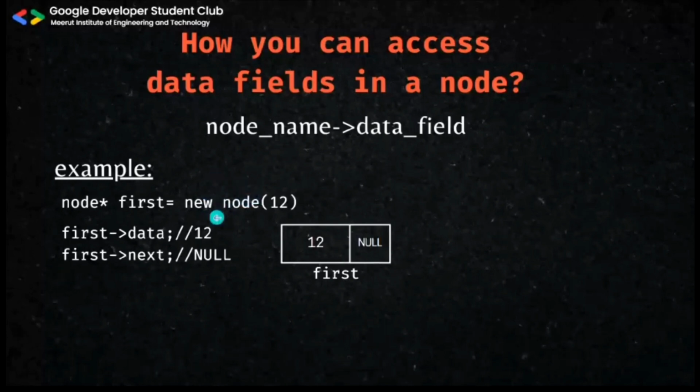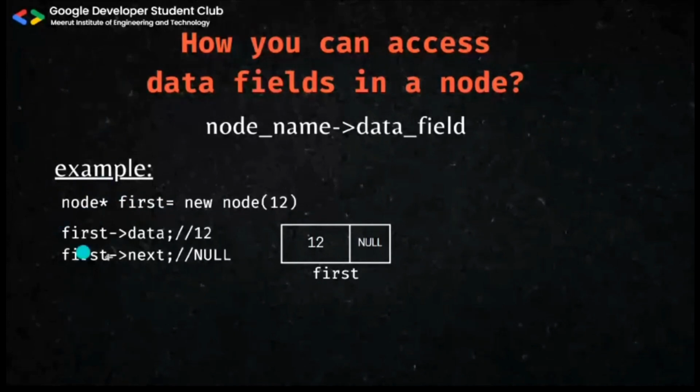It creates a new node, or whatever you have written after it. It can even create new integers, but in this case we are creating a node, and you have to use a pointer to store this new node because we are using the new operator. You can see the node's name we have written over here is first, and it is a pointer pointing towards the node.